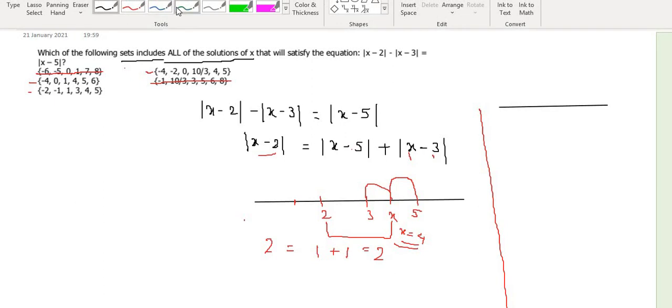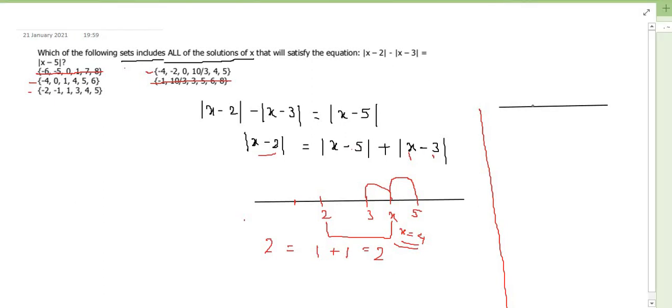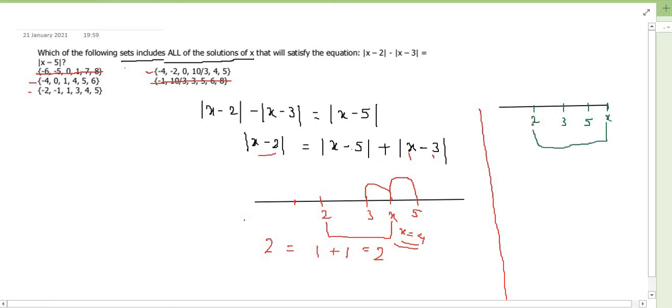So let me change the color here and let me draw the points. So 2, 3 and 5 here. Now we have to check x is here. So let's say x is here somewhere. Now the distance between x and 2 is equal to the sum of the distance between x and 5 and x and 3. This looks quite possible, right?